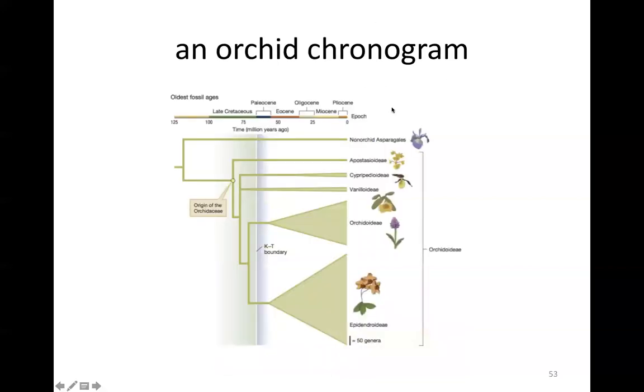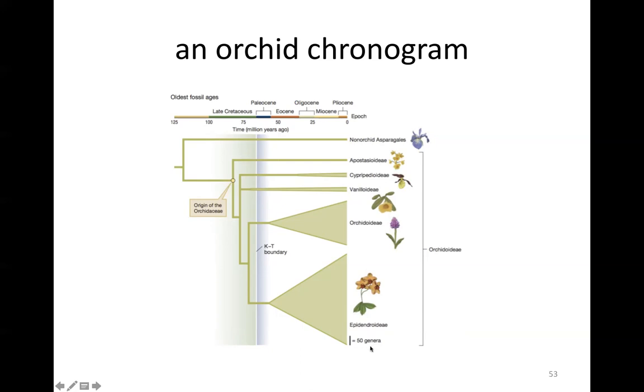And finally, a chronogram describing the evolution of orchids. And you see time here, 0 to 125 million years ago. You have an outgroup species used to root the tree here. And we see that this is first splitting off, and then we have a couple of species, and you might imagine, what do these triangles represent?